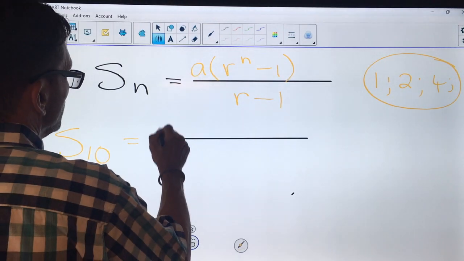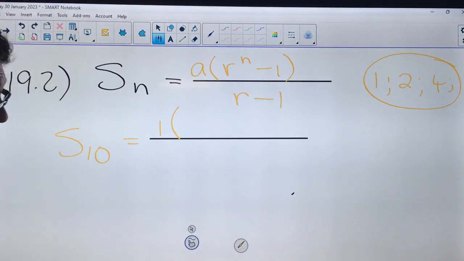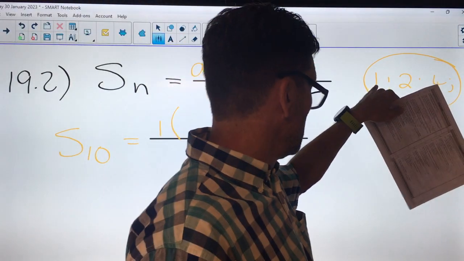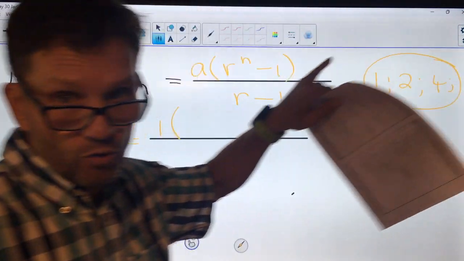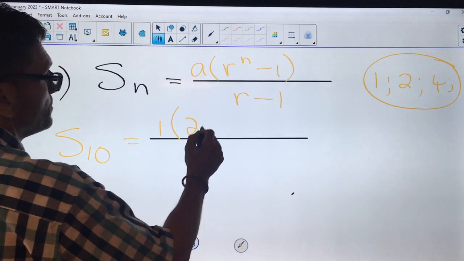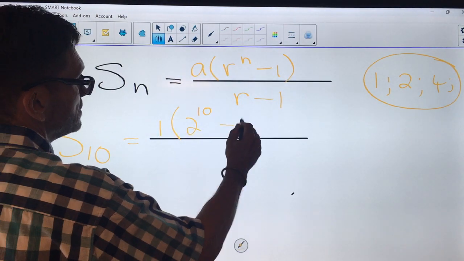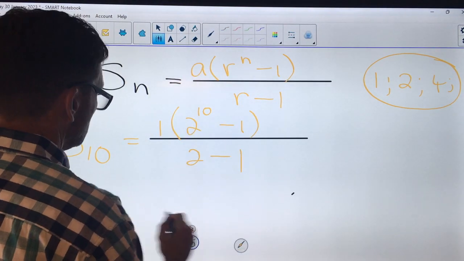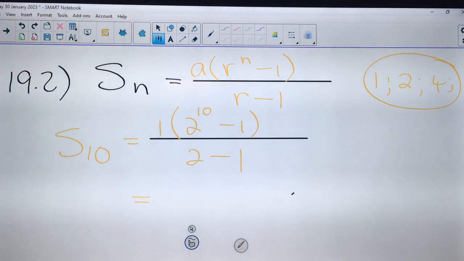So the first term is 1. What is the r value? What do I multiply 1 with to become 2 and 2 with to become 4? 2. So this is 2 to the power of 10 minus 1 over 2 minus 1. 1023.